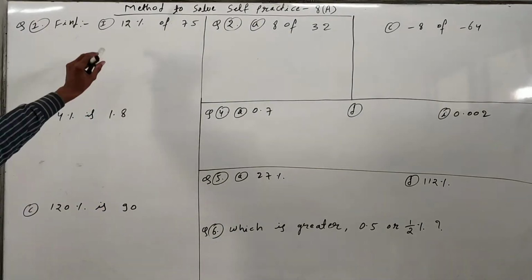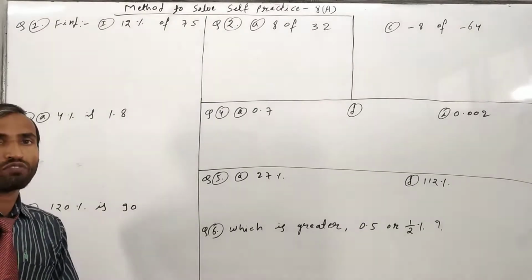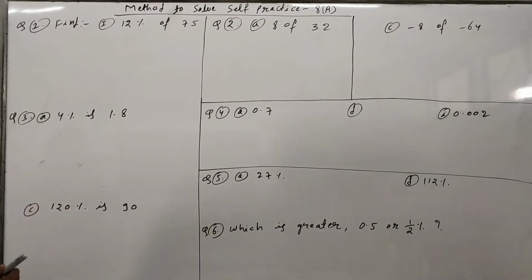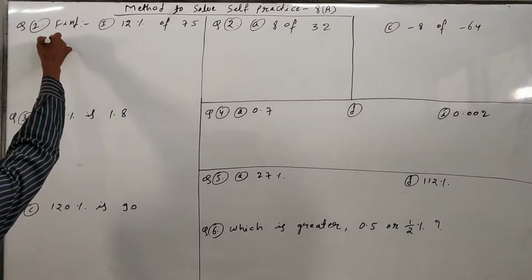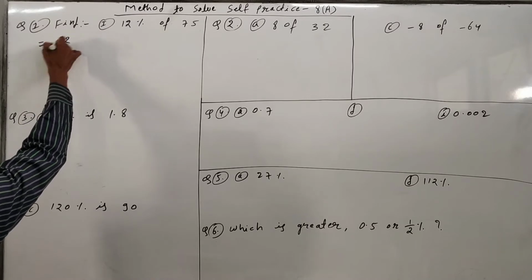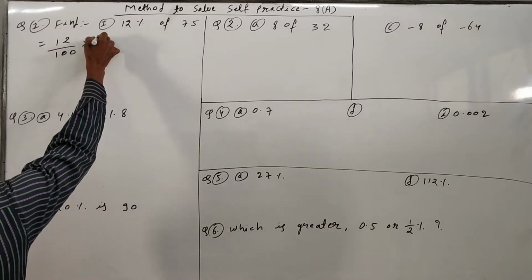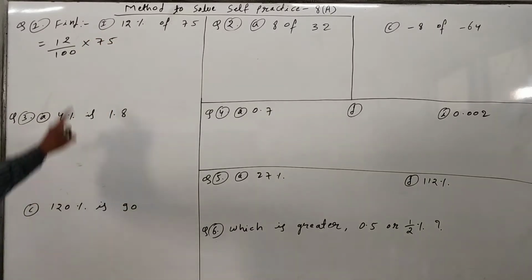Just see here, 12% of 75. We have to find the value of this expression. Percent means 100, so we divide by 100. Write down 12 upon 100. Of means multiply, so multiply here by 75.